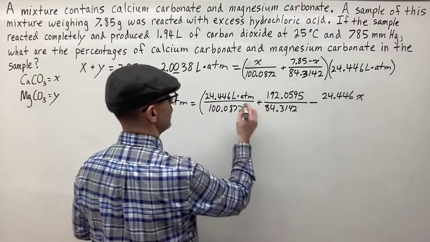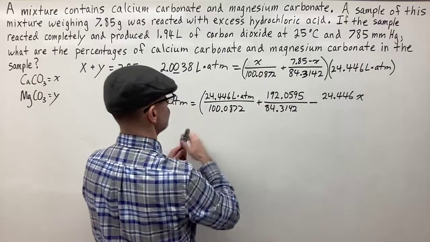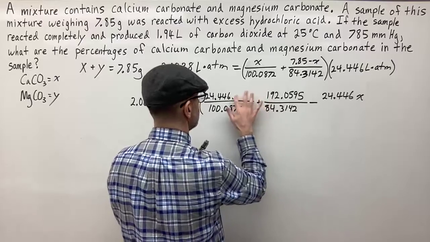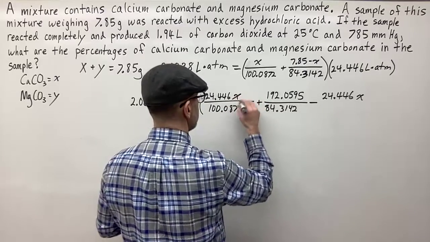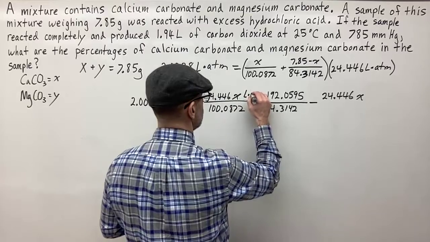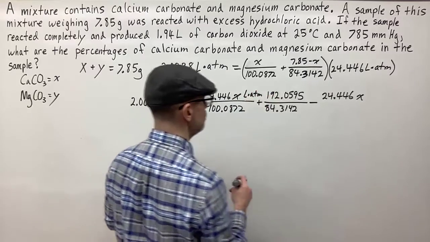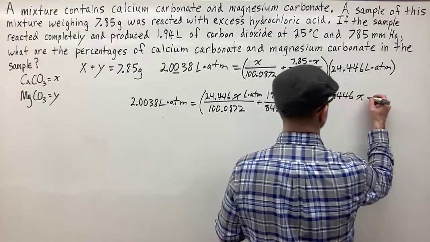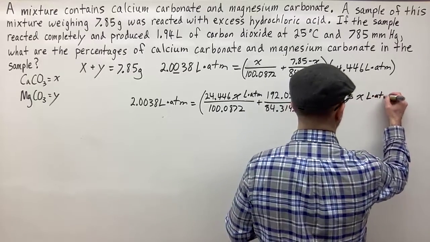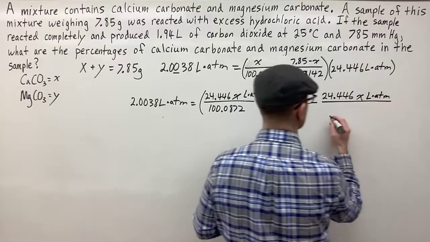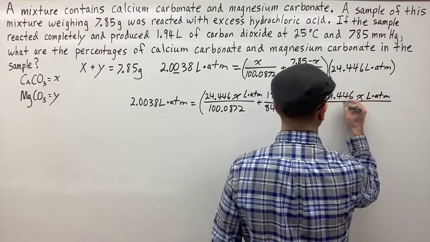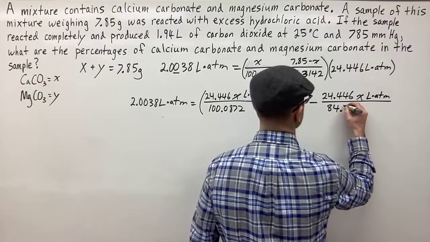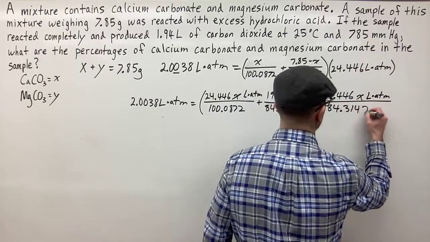Oh, I forgot my x over here. So this is supposed to be times x. I forgot x on this side. So it's going to be x and then liter atmospheres. And then this is by itself, and then this is x liter atmospheres. Okay, and then it's divided by the 84.3142.